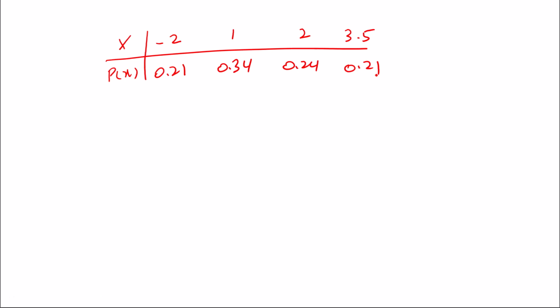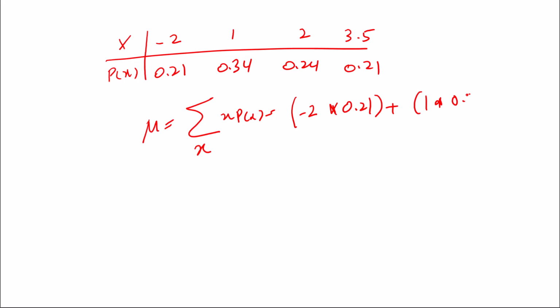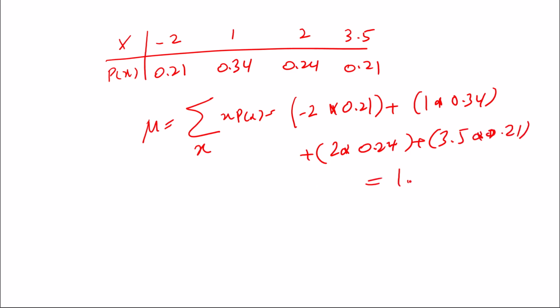So based on the equation that we have, mu is simply the sum of x p of x, which is equal to -2 multiplied by 0.21 plus 1 multiplied by 0.34 plus 2 multiplied by 0.24 plus 3.5 multiplied by 0.21. And if you do that, you will get 1.135.